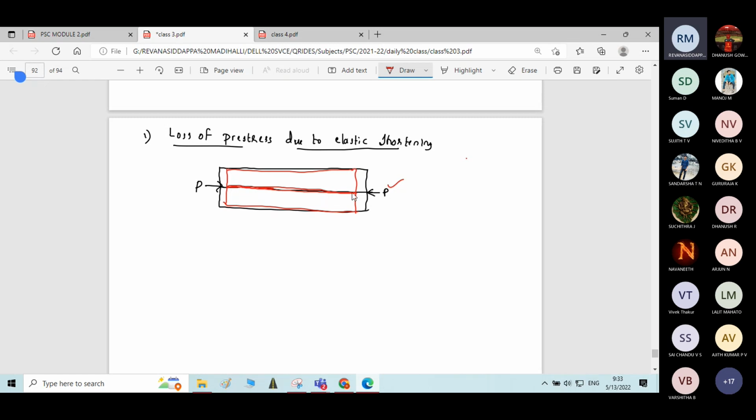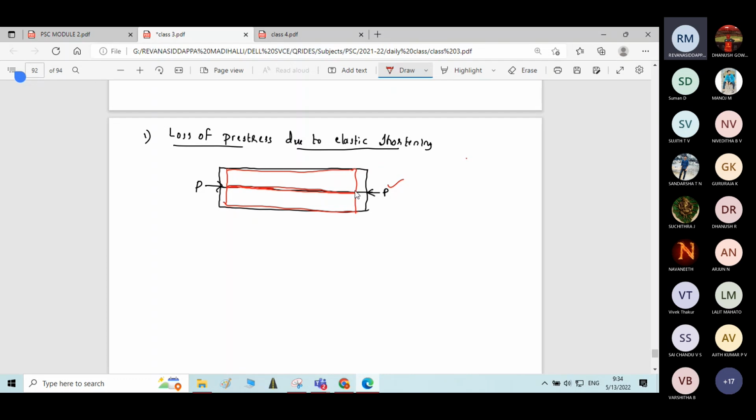When the length of the tendon decreases, the magnitude of the pre-stressing force decreases, and there will be a reduction in the pre-stresses due to the pre-stressing force.